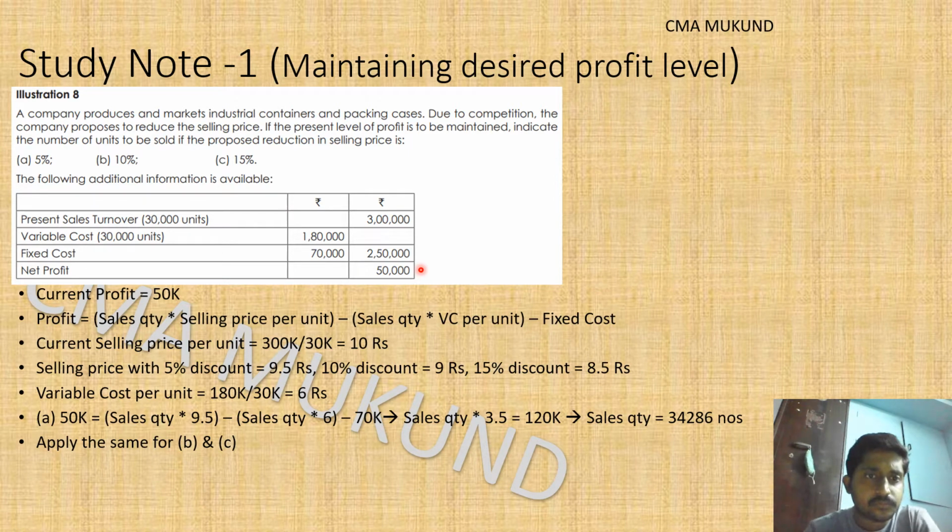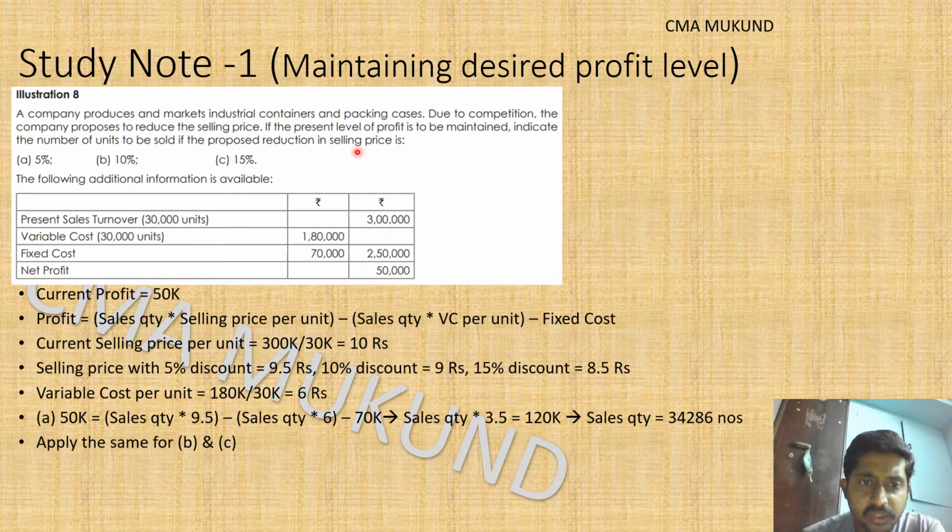So this is the question. What we have to find here is the number of units to be sold for the proposed reduction in selling price.